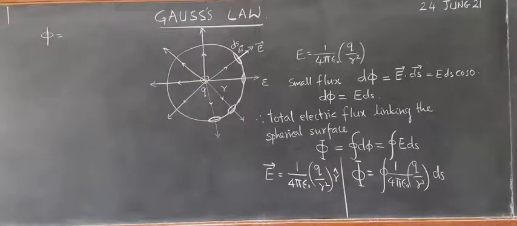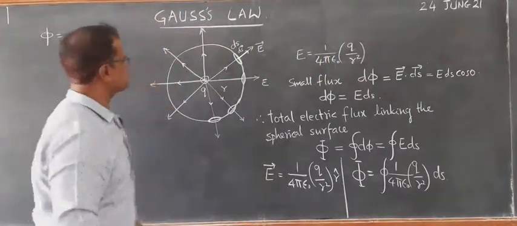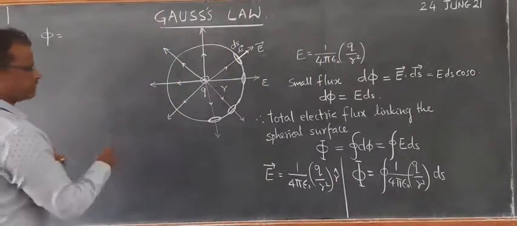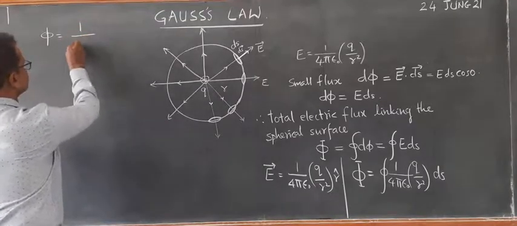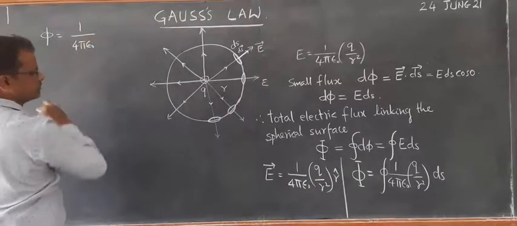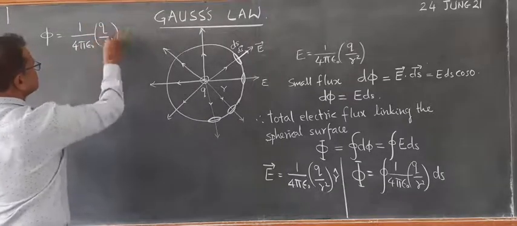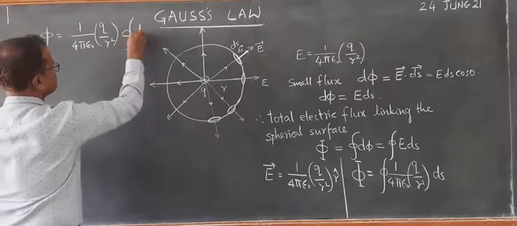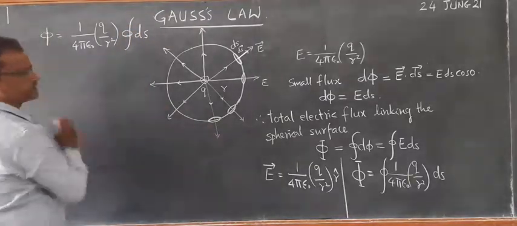Now we can calculate the total flux. Total flux can be calculated as the electric field, that is 1 upon 4 pi epsilon naught into q by r square, into the surface integral of ds, because the electric field being common, I kept it outside.